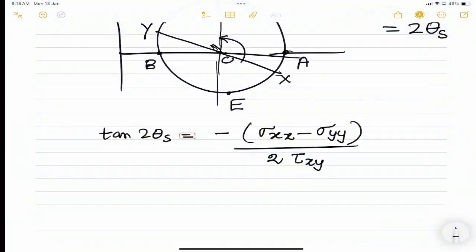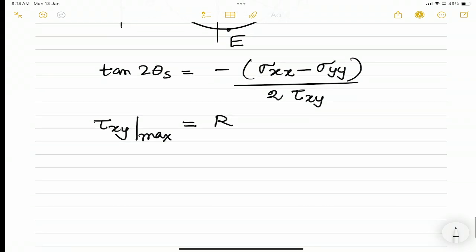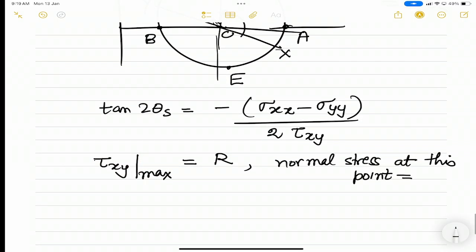So tau xy max is equal to R. And what is the normal stress at this point where the shear stress is maximum? Sigma average.